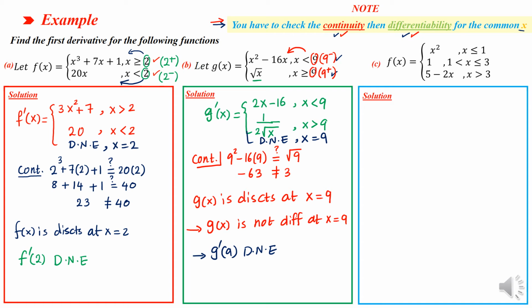Now what about part C? In part C we have two common x values. The first one is 1 and the second one is 3.